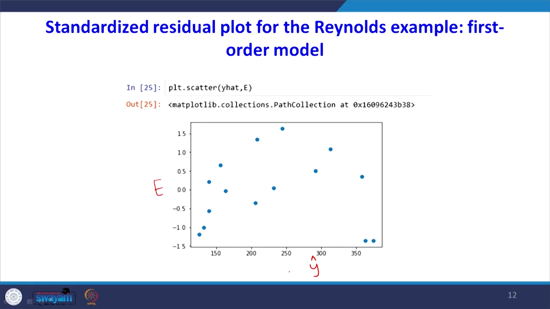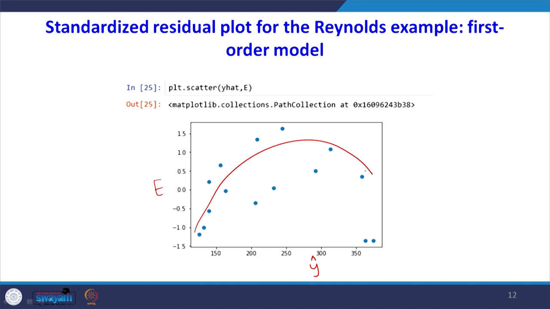When I look at the standardized residual, it is not coming in a rectangular shape. You see that there is a possibility of a certain kind of curvilinear relationship. You may not agree that it is exactly a curvilinear relationship, because our data set is small. When there is more data, we can say exactly.